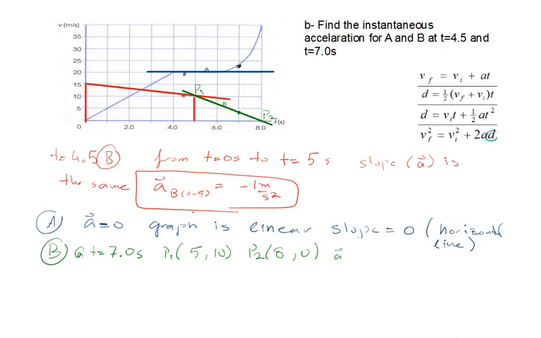So the acceleration is going to be 0 minus 10 over 8 minus 5, which is negative 10 divided by 3, or just negative 3. You can say negative 3.3 or negative 3. I'm not going to be too picky here, but meters per second squared. This graph here is not very good with significant figures, so I'm just going to leave it negative 3 or negative 3.3.